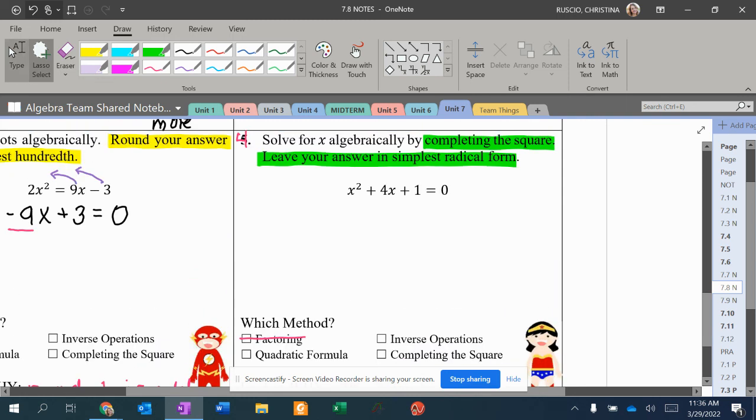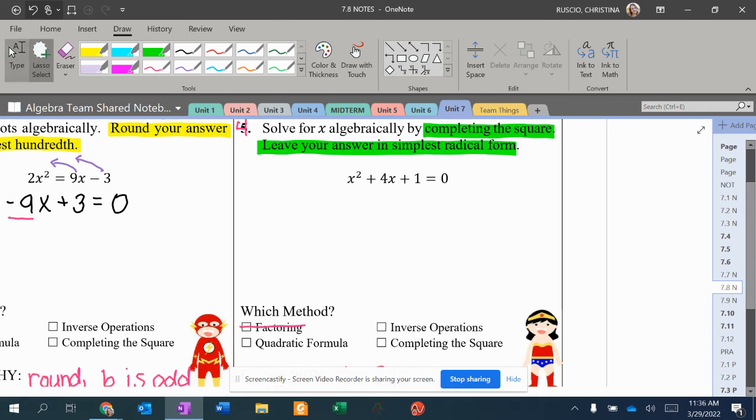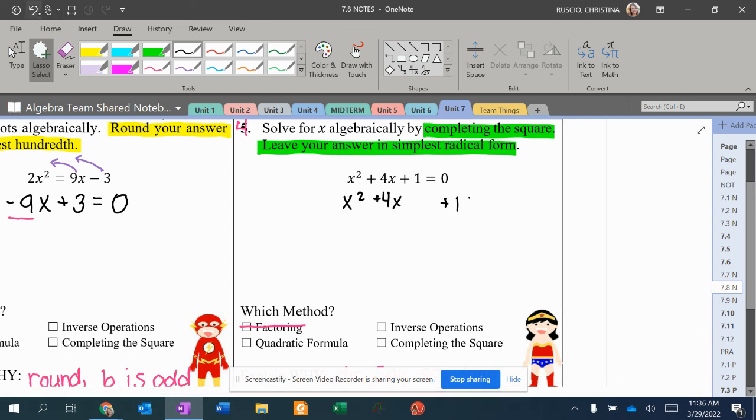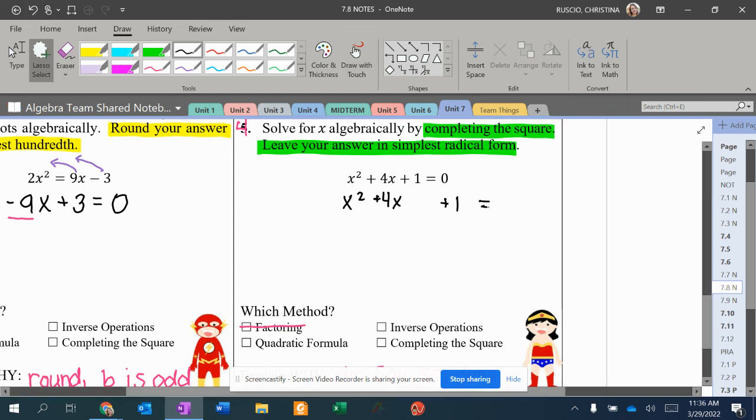Okay, let's just get this set up just to get a little bit of practice for completing the square. So x squared plus 4x, and we move the 1 off to the side, or some people bring it over to the other side of the equal sign at this point. I'm going to wait to do that. We want to find 2 numbers that add to 4 that are the same to complete this square.